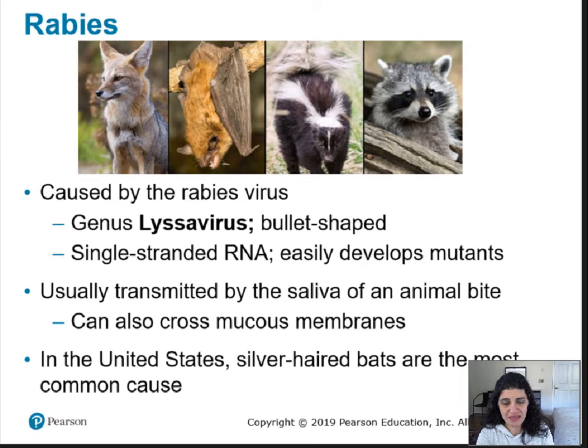In the United States, most of the cases are related to wild animals. 5,000 animal rabies cases are reported annually to the CDC, and more than 90% of those cases occur in wildlife. So when you think about dogs here, because there is a very strict surveillance system, we don't see a lot of rabies in dogs.